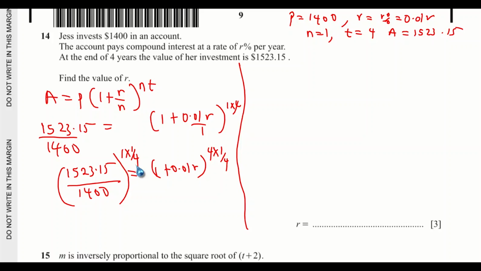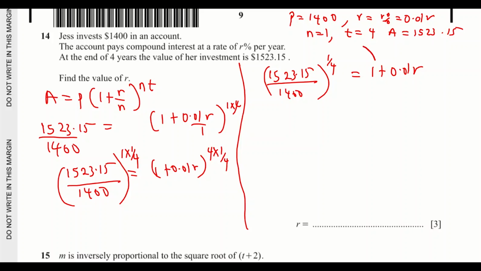If we do so, this will give us 1523.15 over 1400 to the power of 1 over 4 equals 1 plus 0.01 r.